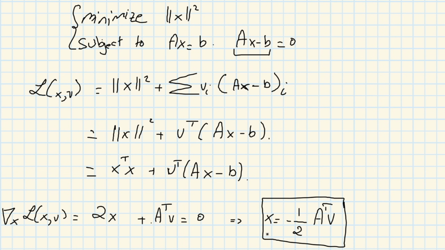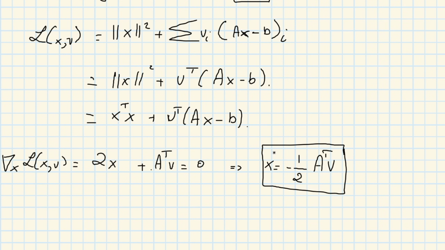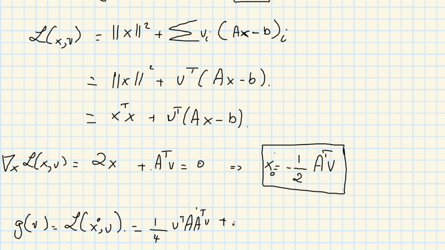Now, plugging x back into the Lagrangian, this is x, let's say x0. So g of lambda, which is what I'm looking for, is L of x0, nu. It's not g of lambda, sorry, it's g of nu. We don't have a lambda. So plugging this back into the Lagrangian function, you will get 1 over 4 nu transpose A A transpose nu, plus nu transpose times minus half A A transpose nu minus b, right?